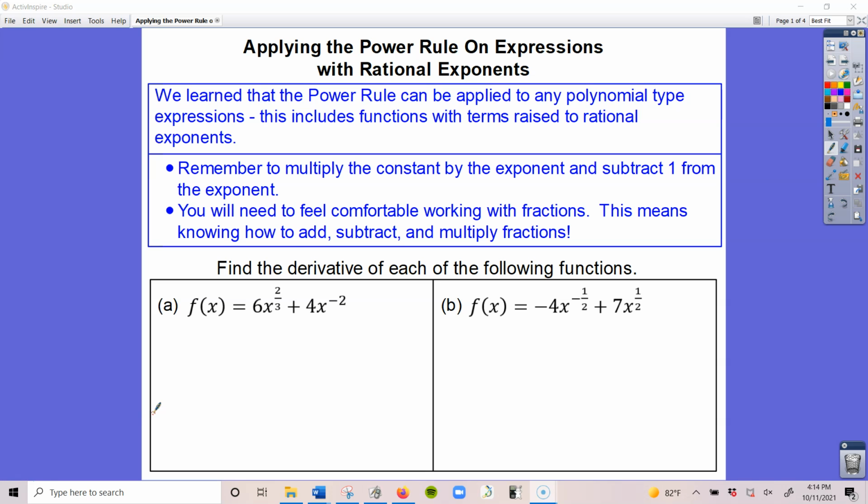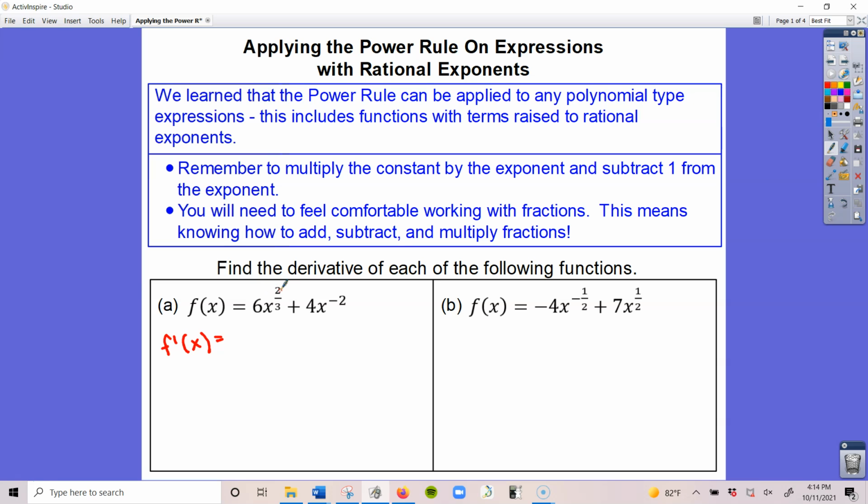So let's start with this first one, where you have f of x is equal to 6x raised to the 2/3 plus 4x to the negative 2. As we learned with the power rule, to find the derivative, you take the exponent and you multiply it with the constant, the coefficient.